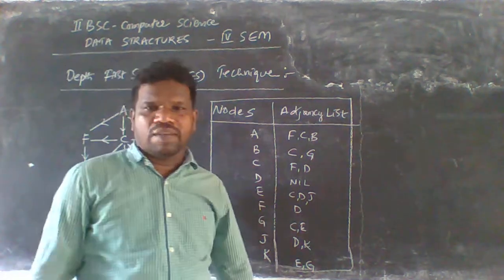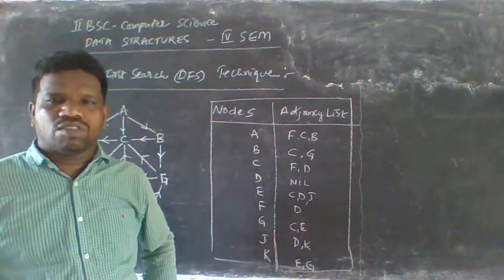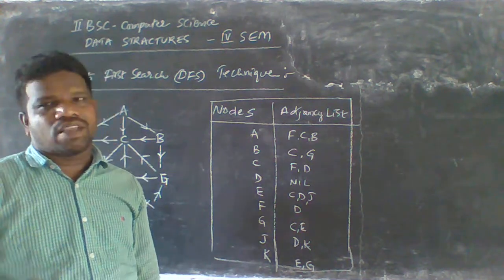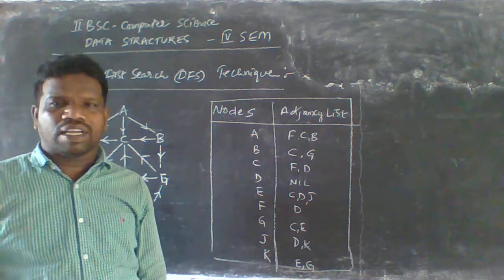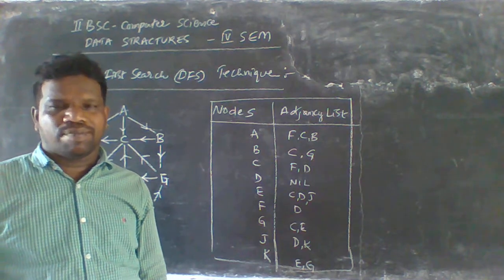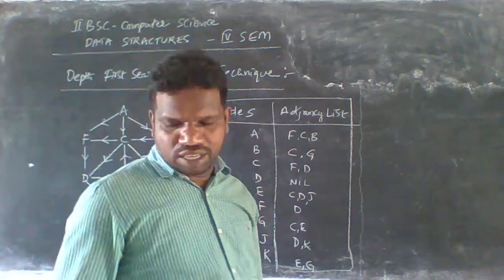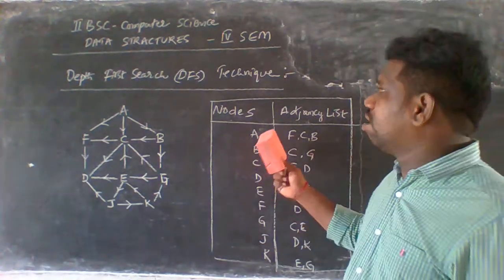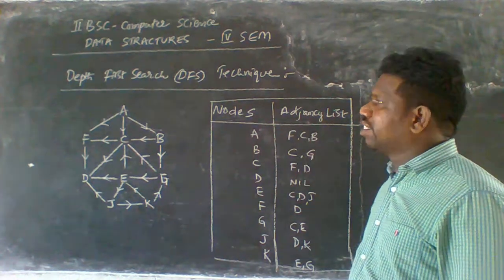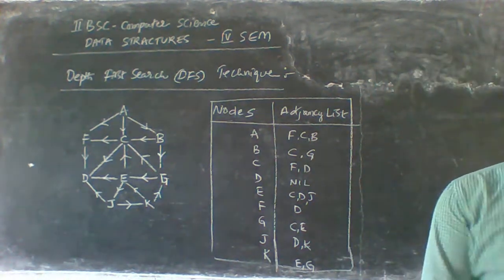Copy this table, and next I'm going to draw an algorithm. Using the algorithm, the DFS technique will be traversed here. So these are called nodes and the adjacency list here. Okay, copy that.